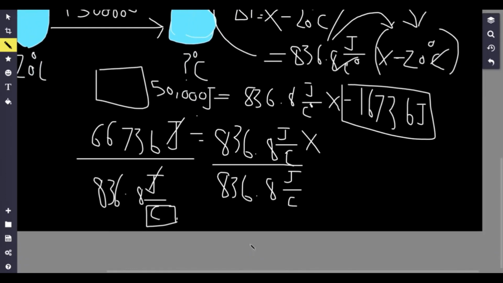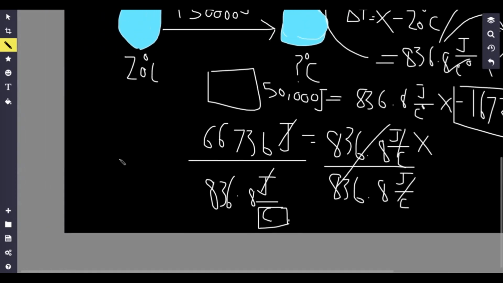So since the joules cancel out and these cancel out, we're left with X, because this whole thing cancels out since we're trying to isolate X. We get X equals 66,736 divided by 836.8, which is 79.71751, and then a whole string of numbers.